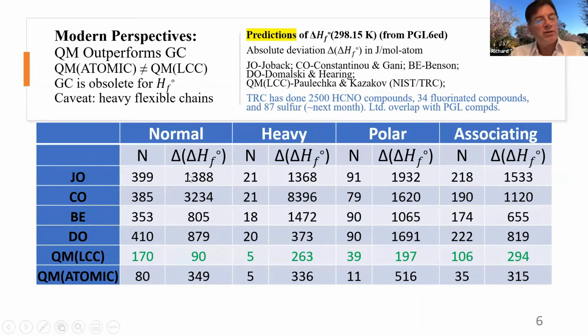So let's now take a look at the ideal gas properties. Now, there's a method being developed by the TRC group at NIST, and they call it this LCC method. And it stands for a local coupled cluster method.